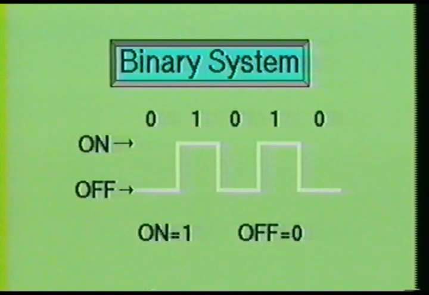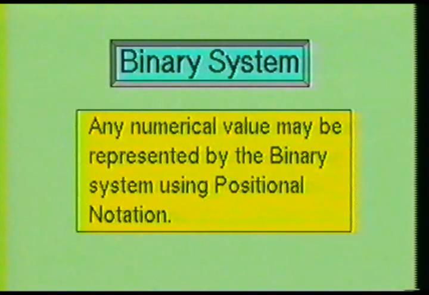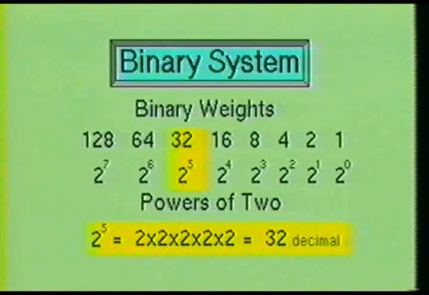This two-state system is much more efficient and much less costly to build. You will see that any numerical value may be represented by the binary system using positional notation. For example, a number with a binary weight of 32 will have a power of 2 to the 5th power.